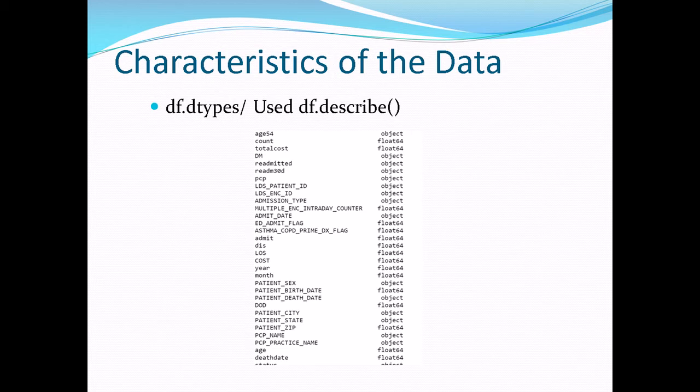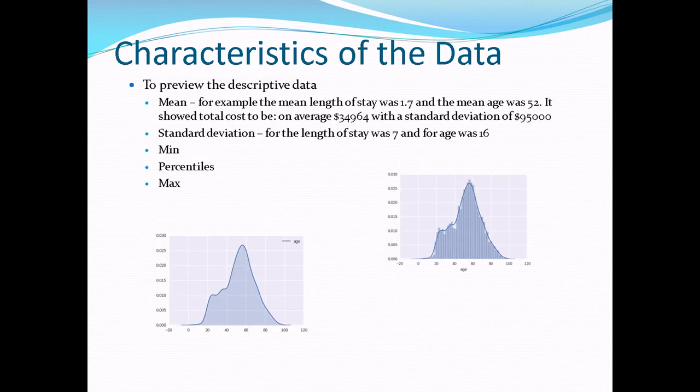As you may see, we used Pandas describe and dtypes features to understand the data dictionary of our data. The data has features like age, admission date, PCP, last admitted date, and so on. And in the next slide we will see the correlation between the data.